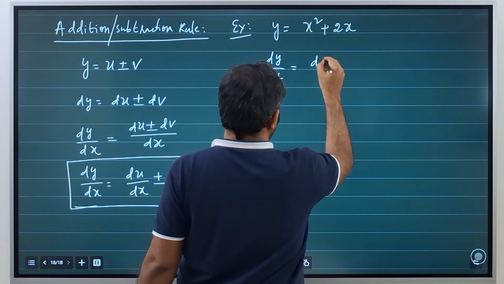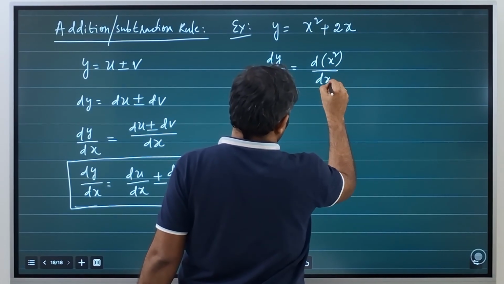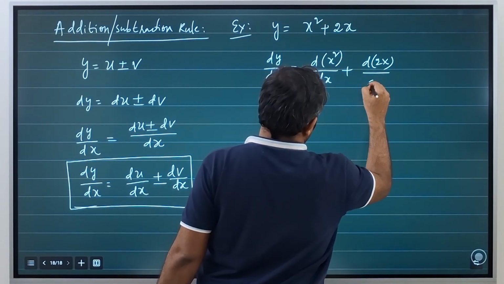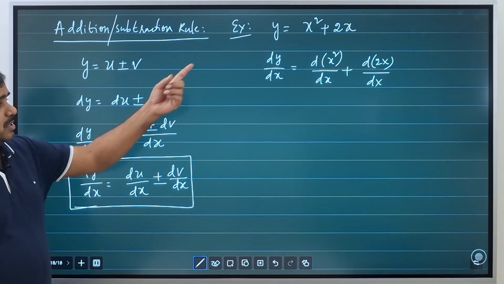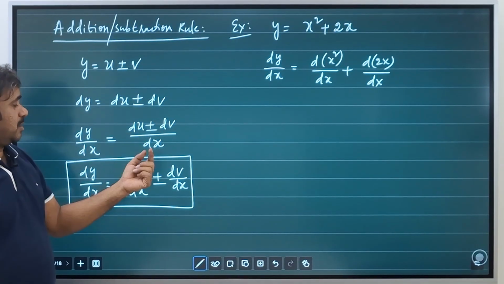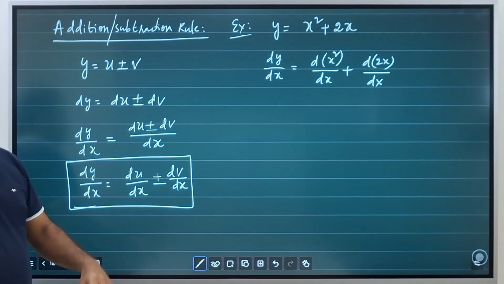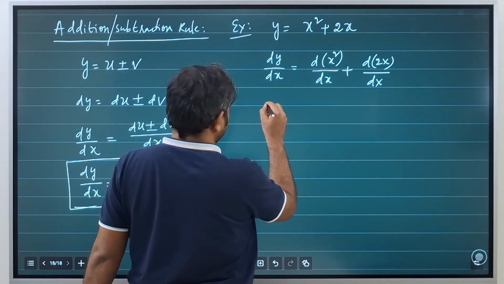So du by dx plus dv by dx. u is x square, 2x is v. We are applying this addition rule. To calculate dy by dx, you can write it like this.